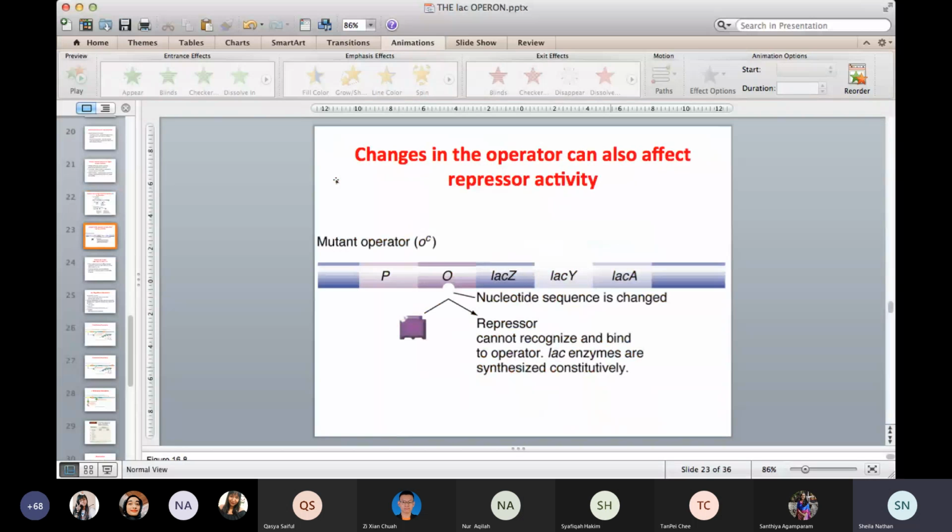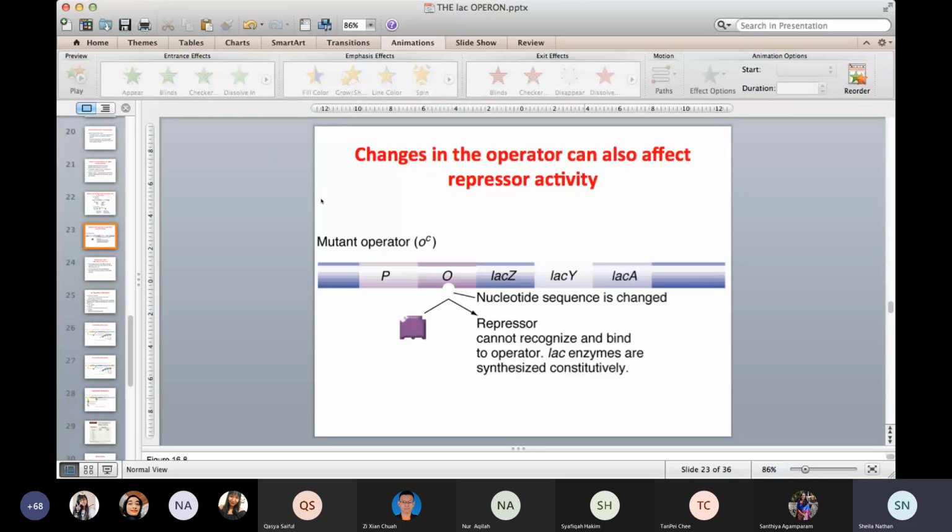All right. The next mutation is what happens if the operator is mutated. From here, you can already see that when the operator is mutated, the binding site for the repressor molecule has changed. How can a rectangle fit into half a circle here? In this case, the repressor cannot bind to the operator, even though glucose is present.